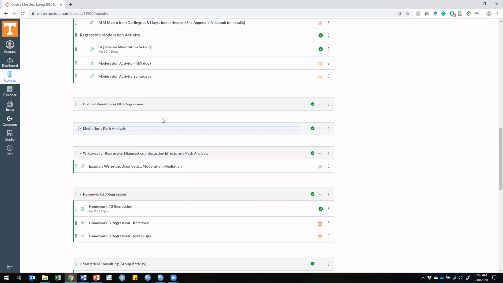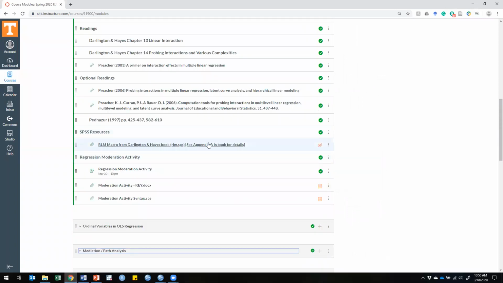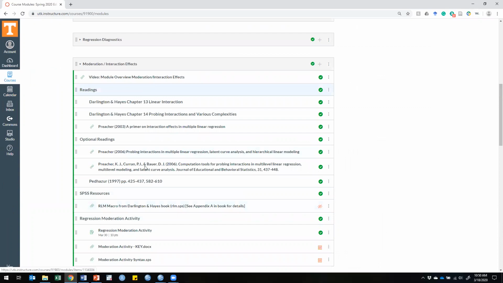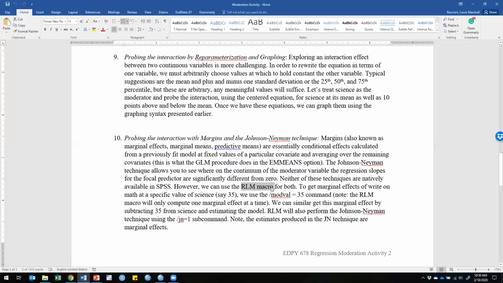Here's a link to it on the Canvas site. So if you haven't downloaded it from the book's website, you can download it here as well. And we're going to use this RLM macro to calculate these various conditional effects, so we can see where on the continuum of science scores is the conditional effect of writing on math achievement statistically significant.